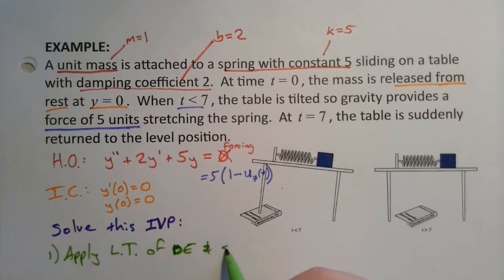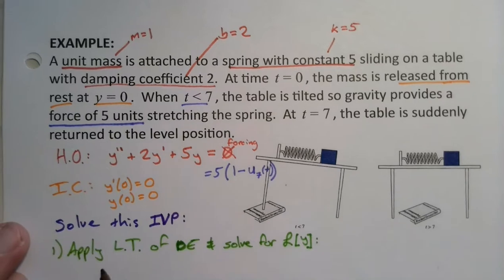And then we're going to solve for the Laplace transform of y. That's our goal for this first step, right? And so we're going to manipulate this. But first, we're going to apply the Laplace transform.